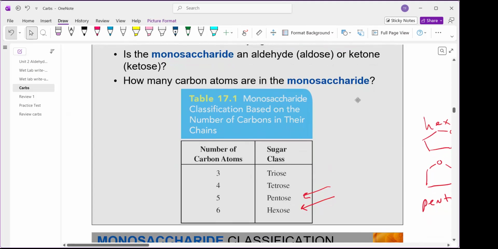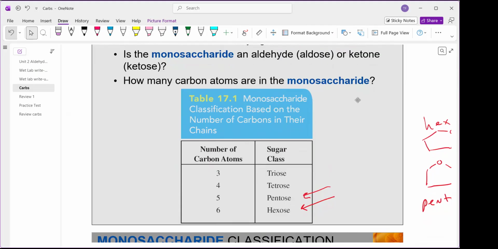All right. When we say hexose, that means the main backbone has 6 carbons, pentose, 5 carbons, etc. Now, there's 2 kinds of carbs. There's an aldose and a ketose. Aldose, the anomeric carbon is an aldehyde, and a ketose, the anomeric carbon is a ketone.